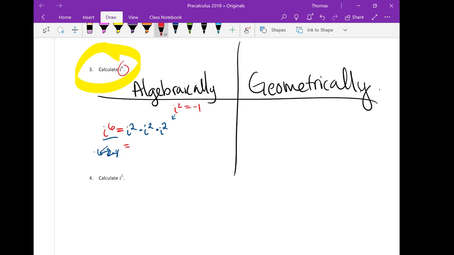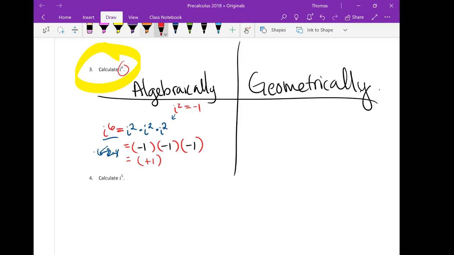If I go ahead and do that, whenever I substitute, I like to leave blanks because I know I'm going to be filling it in. It helps me keep track of my signs. So I go down here, i squared is equal to -1, -1, -1. So now we have i to the 6th is equal to -1 times -1 times -1. Well, we can multiply this out. -1 times -1 is actually a +1.